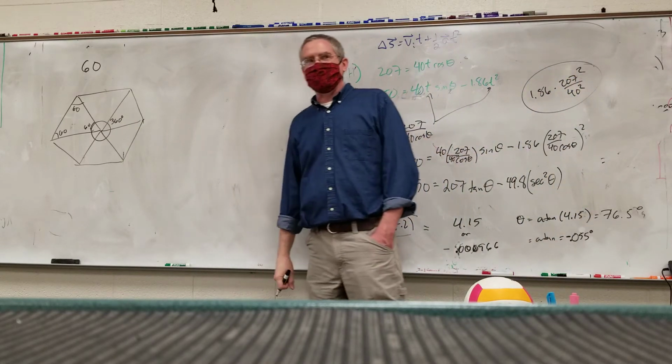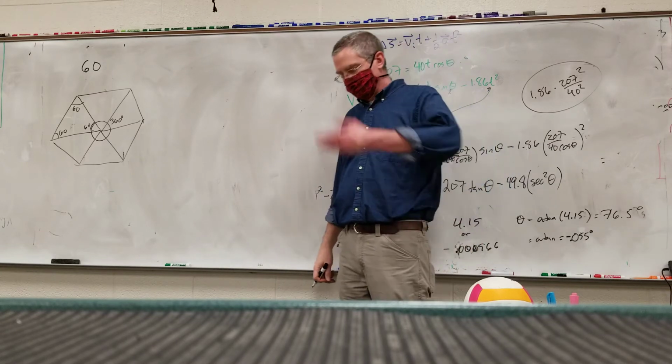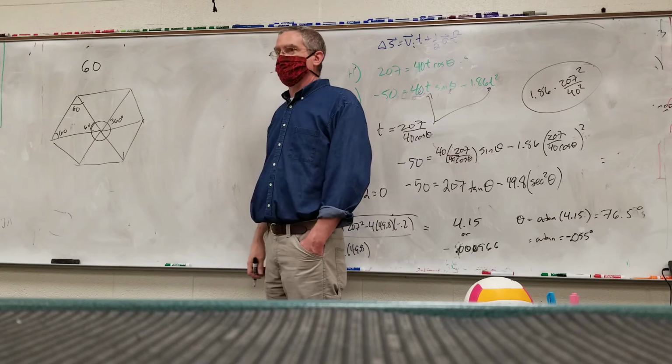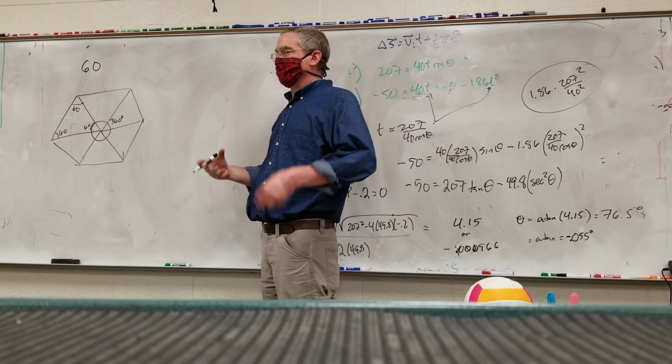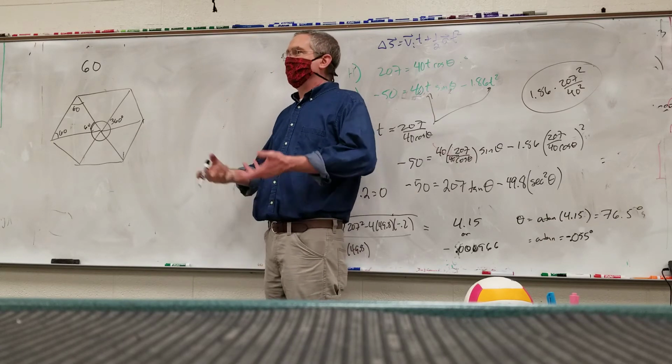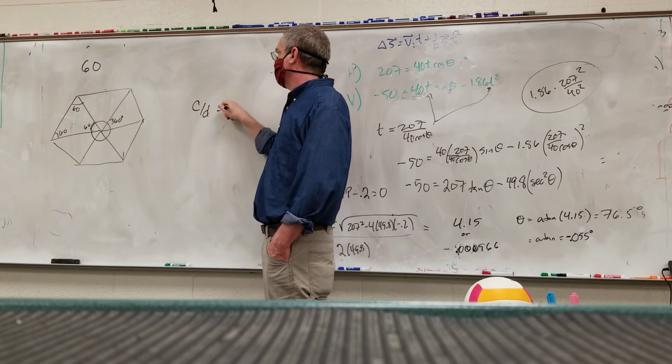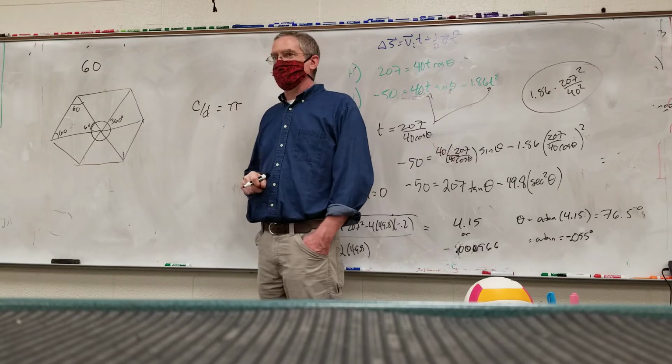So the question is, is there something natural to circles? Presumably you are all familiar with this. All circles have a circumference and a diameter, and as you've seen in a lab, potentially, that ratio seems to be the same for every circle.